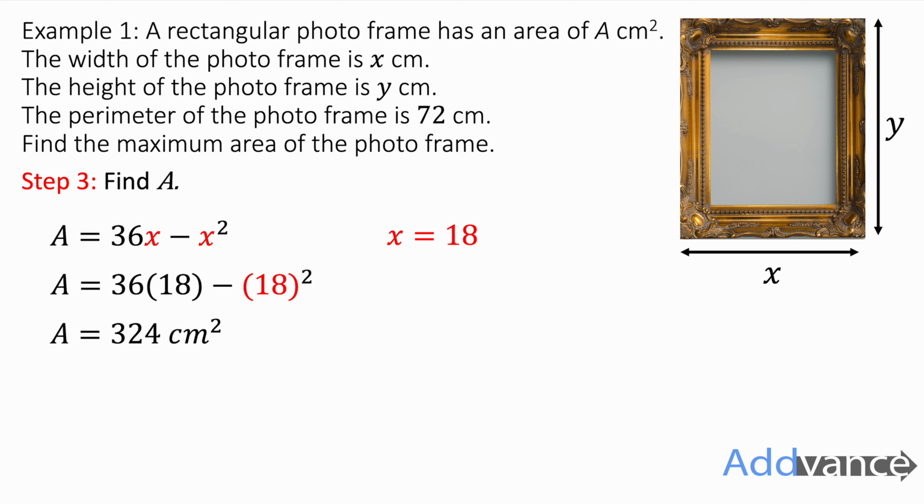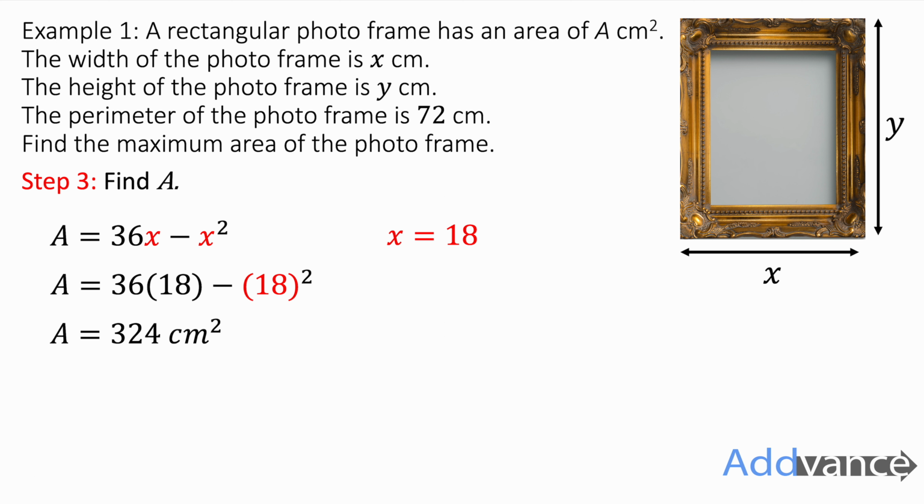And we get 324 centimeters squared, and that means the greatest possible area of this photo frame with a perimeter of 72 centimeters is 324 centimeters squared. If you have a slightly different x, you'll have a smaller area. So the maximum possible area is when x is 18, and that largest area is 324 centimeters squared.